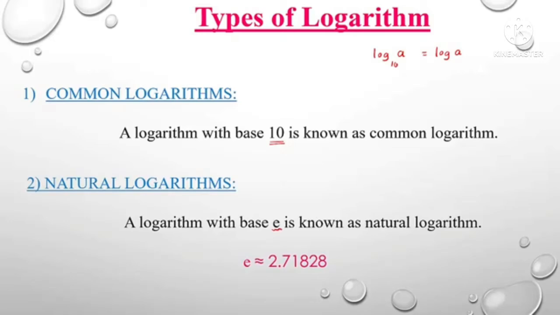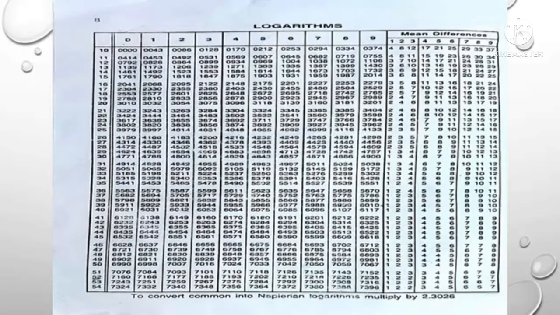Is it clear? Now you can see this is a log table. Observe this first vertical column; we are going to call it the main column. Then here you can observe the columns 0, 1, 2, 3, 4, 5 up to 9.